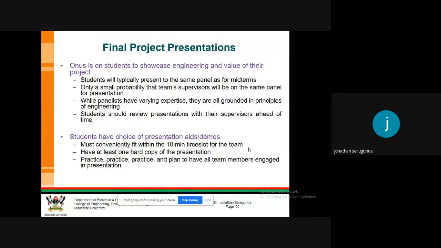The final presentations, we make sure that if you presented to panel A during midterms, you also present to the same panel. So it is important that by the time you present to them, the feedback that they gave you, you incorporated it in your work. Now, the beautiful thing about panels is you'll have people whose expertise really differ.